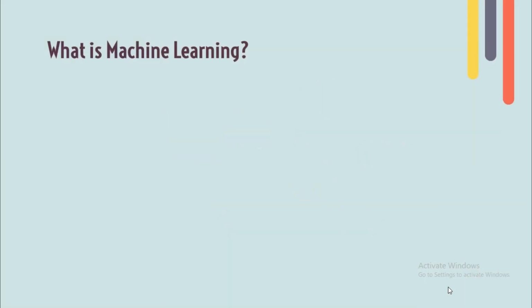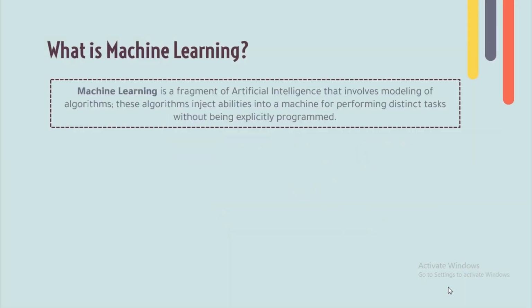and AI. So first of all, we'll see what is machine learning. Machine learning is actually a fragment of artificial intelligence that involves modeling of algorithms, and these algorithms inject abilities into a machine for performing distinct tasks without being explicitly programmed. Machine learning is one of the most exciting technologies that one would have ever come across.